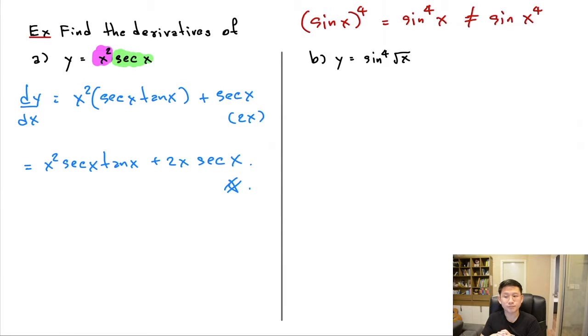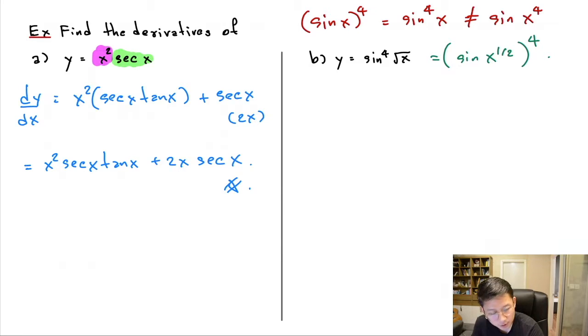So here, if I write it a bit more clearly, it will be sin of x to the power of 1/2, and then all of this to the power of 4. In this case, we need to use the chain rule, right?